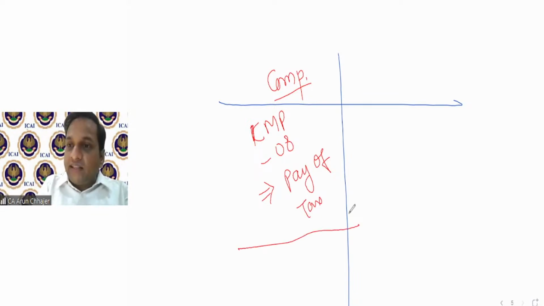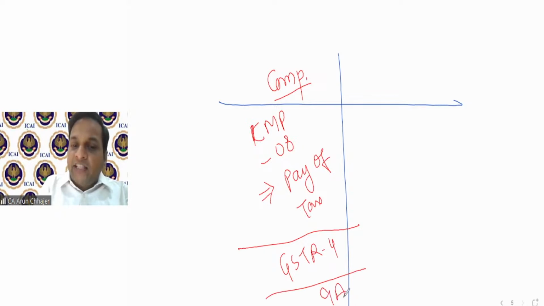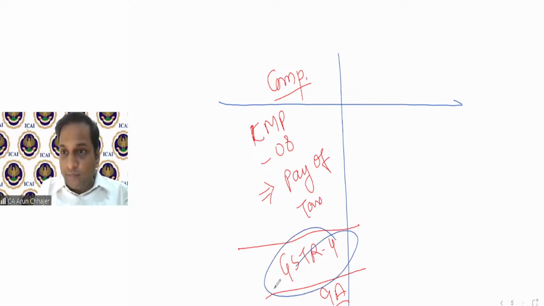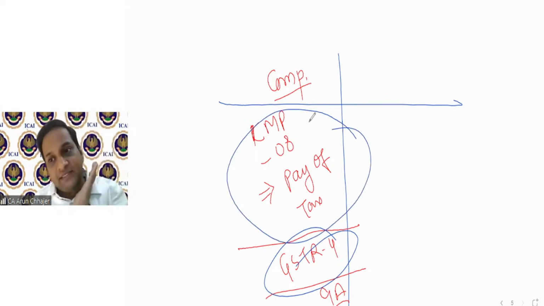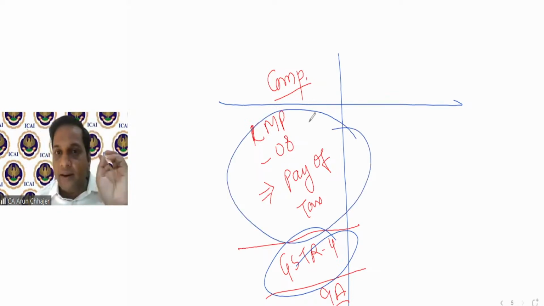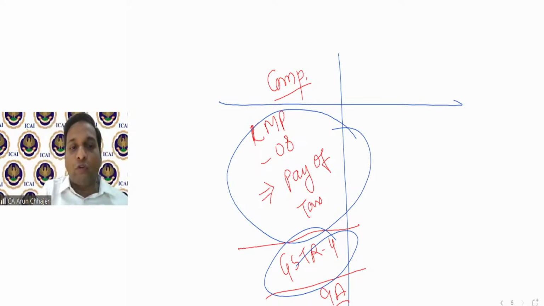Only one return, that is yearly GSTR4. Annual return 9A is made optional for the time being. So he has to file only one return, GSTR4, but on a quarterly basis he simply pays tax.